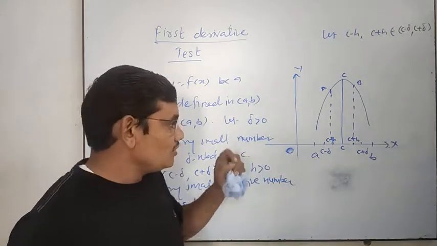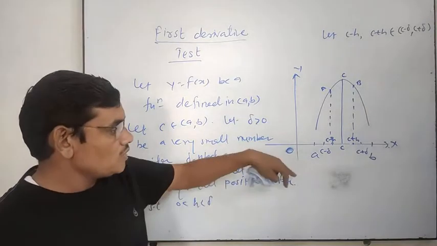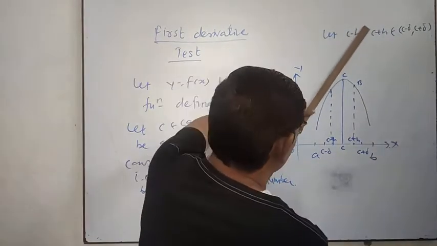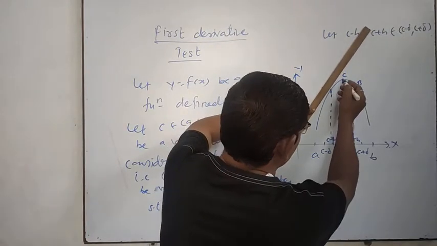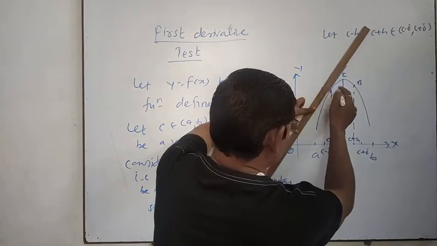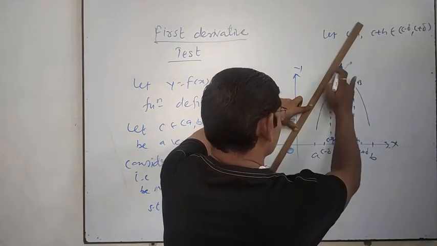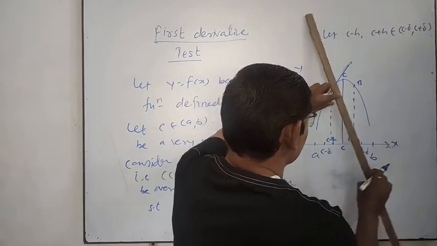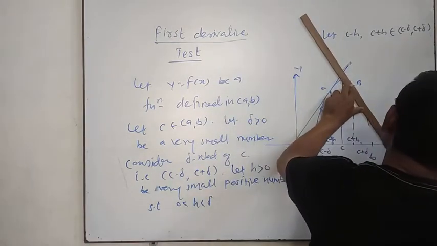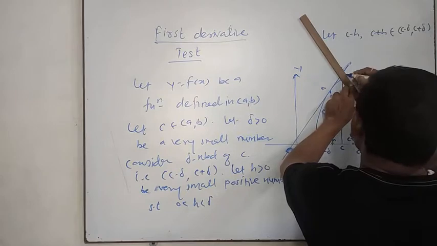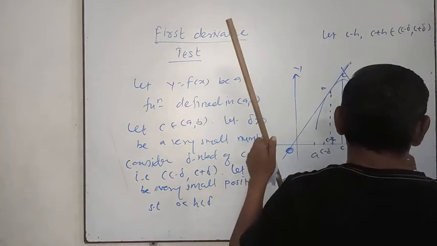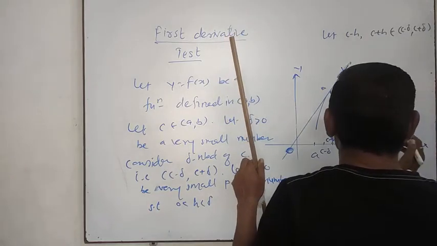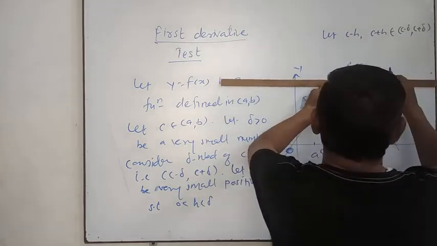And let us discuss the slope of the tangents. Draw tangents at points A, B and C.